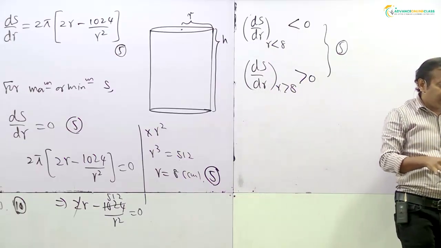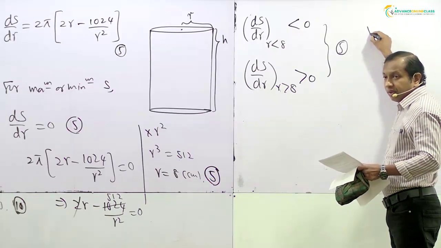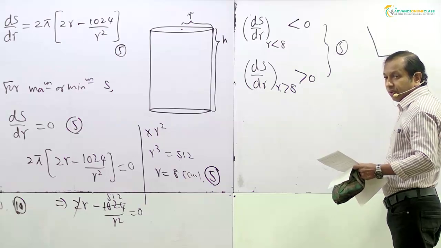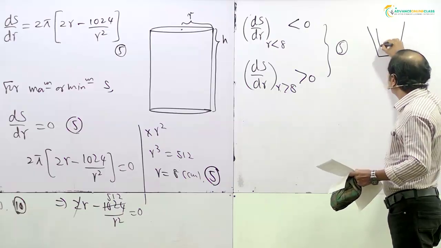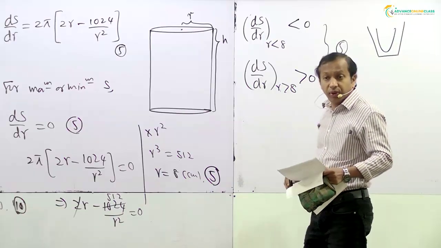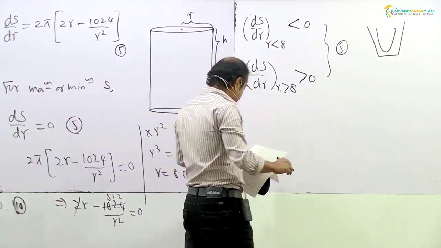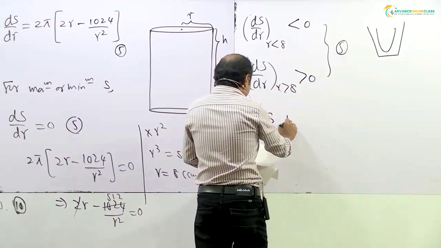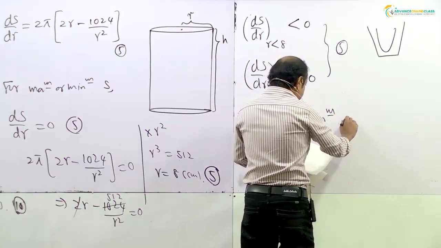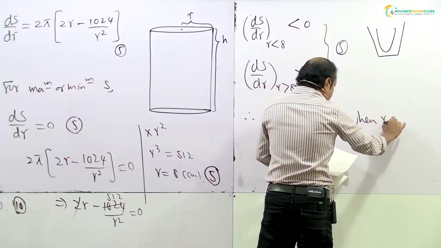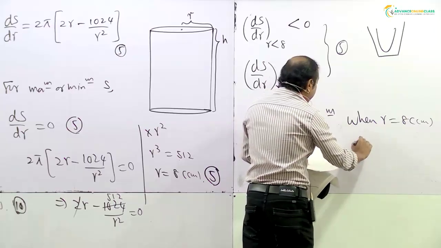S is minimum. Negative, 0, positive: before 8 negative, after 8 positive. This is minimum. Therefore, S is minimum when r equals 8 centimeters. For this 5 marks.